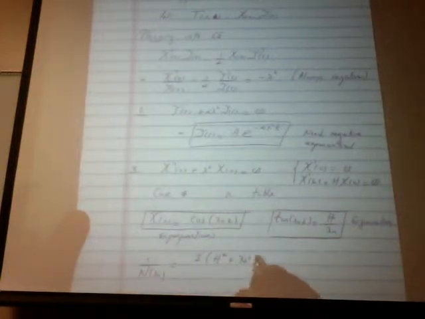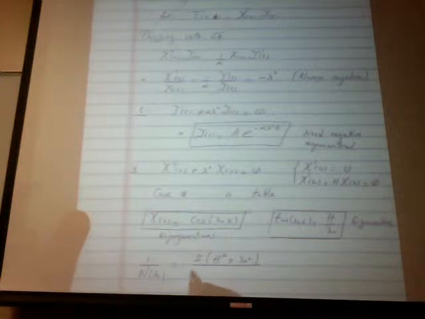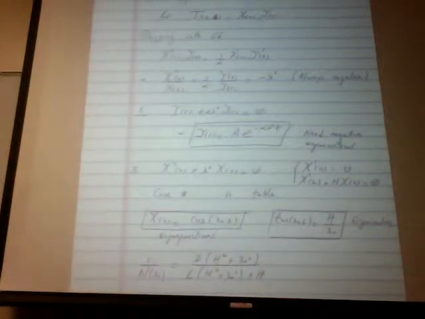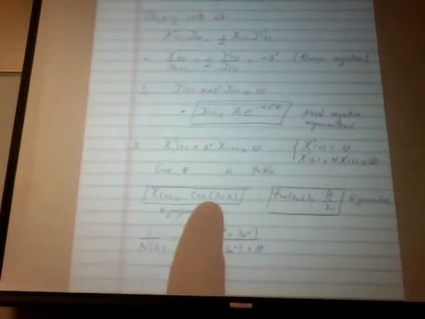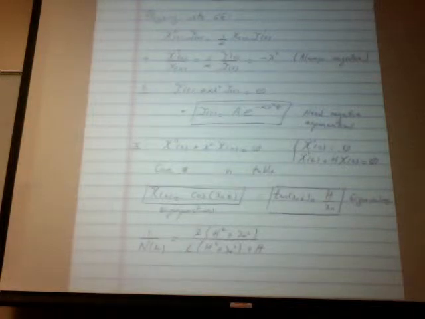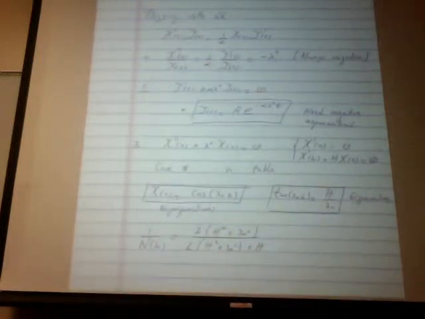It is exactly twice h squared plus lambda n squared divided by L times h squared plus lambda n squared plus h. That's a result of applying orthogonality. That's essentially the integral of the square of this eigenfunction between 0 and L, where the eigenvalues are these. That leads to that. You can try it. That's what you're going to get.